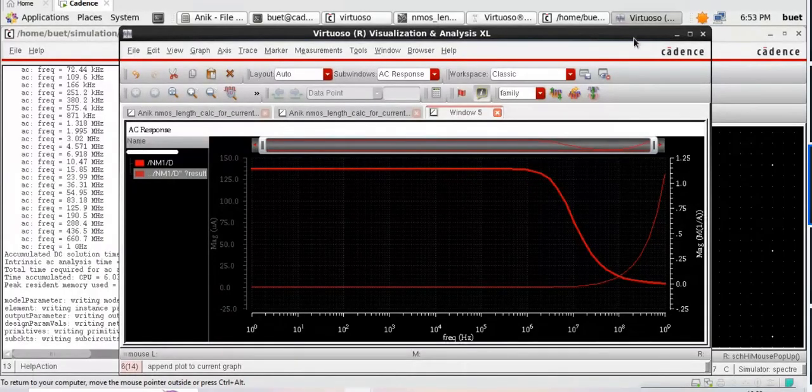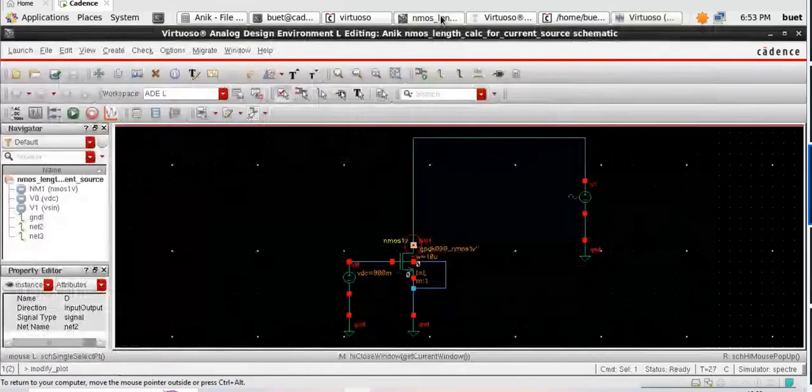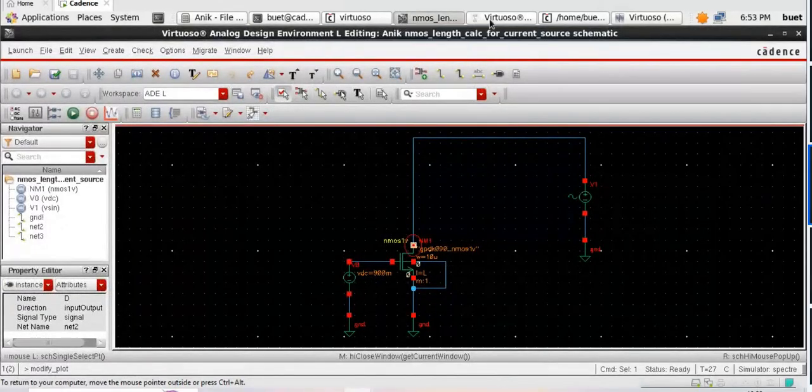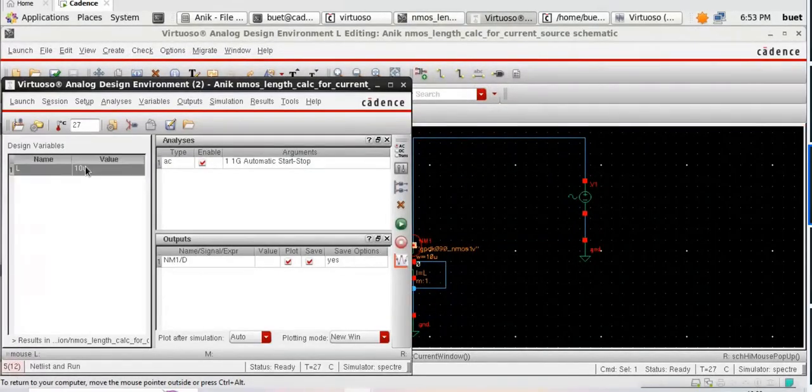So what I can do is redo one more iteration, and this time instead of 10 micro, previous was 100 micro, right? So previous was 500 nano. So now I'll go with 1 micro, and let's try to run it. We'll see for this also.